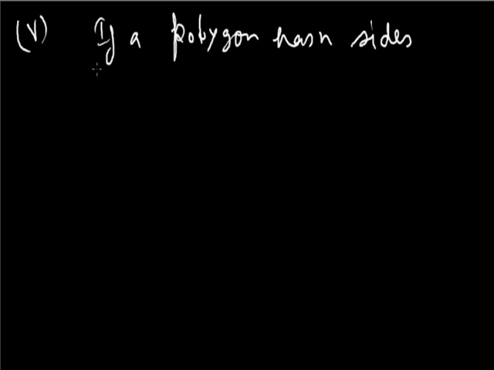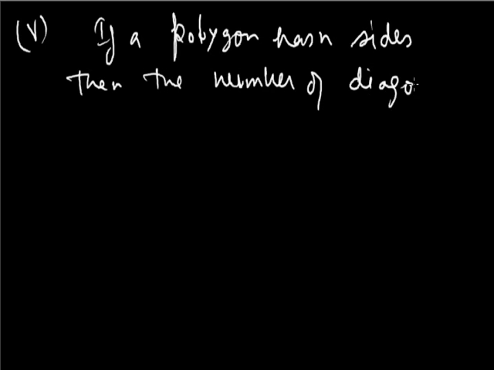Now the fifth important result: if a polygon has n sides, then the number of diagonals of the polygon is n multiplied by n minus 3, divided by 2.